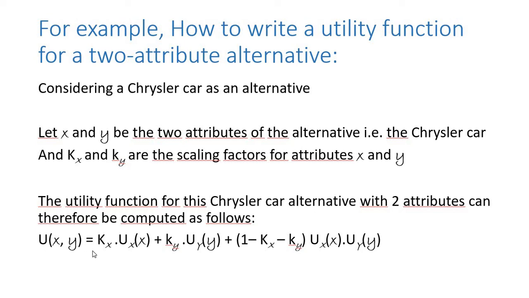So the utility of these two attributes, U(x,y), will be kx multiplied by the utility of x, plus ky multiplied by the utility of y, plus, in parentheses, 1 minus kx minus ky, close the parentheses, times the utility of x multiplied by the utility of y.